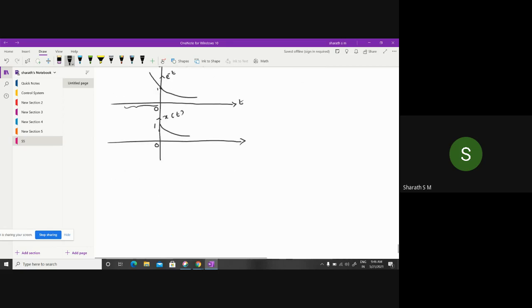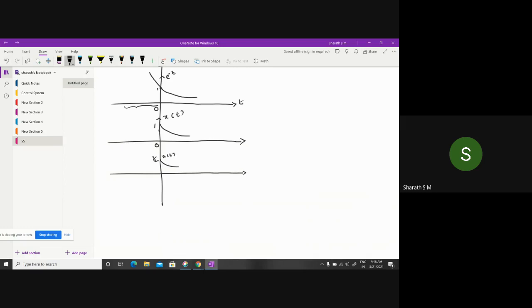So that will be the final result. So this is x of t. Half into x of t means its amplitude level will be 1 by 2. So this is half into x of t.